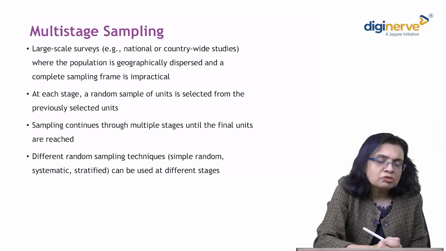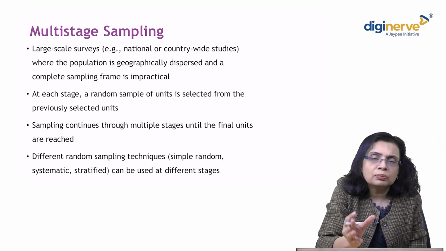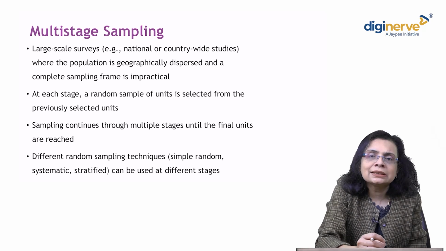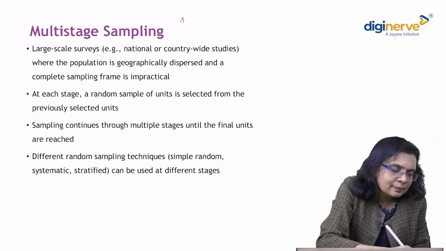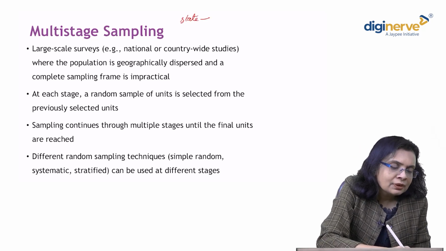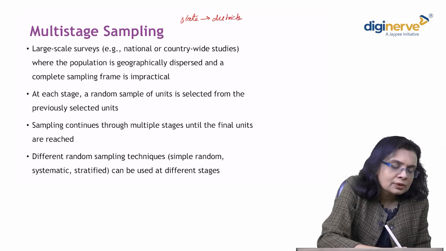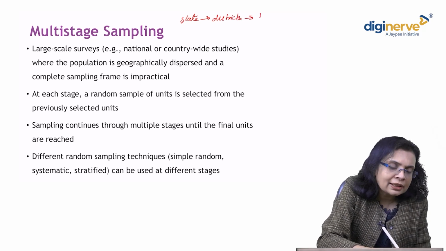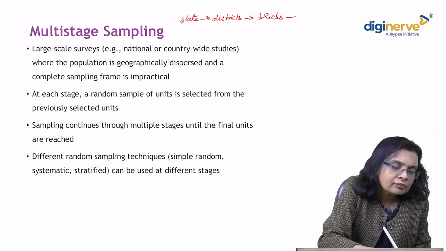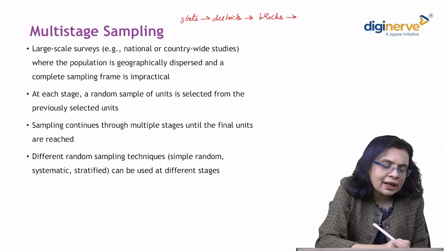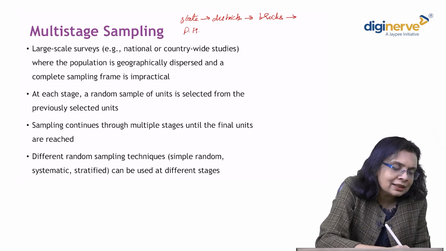So for example, you want to collect individuals from each state. So state can be divided into districts, which can be divided into blocks, which can be further divided into primary healthcare centers.